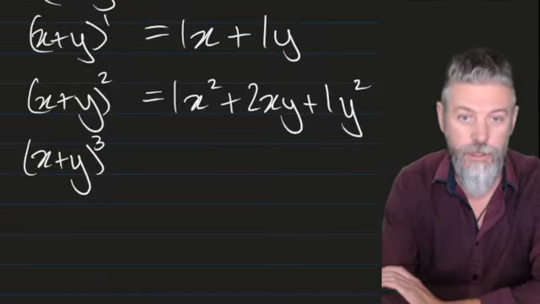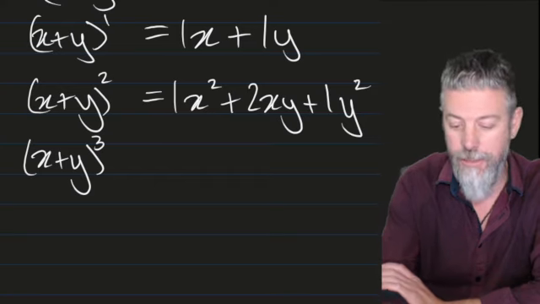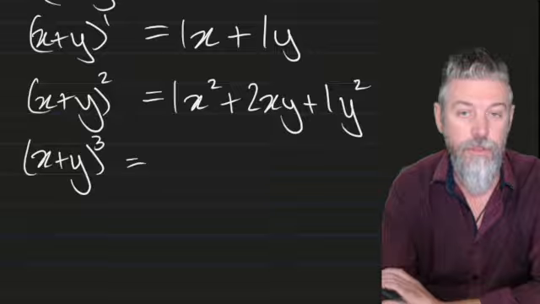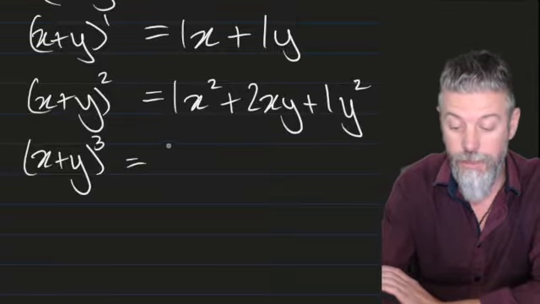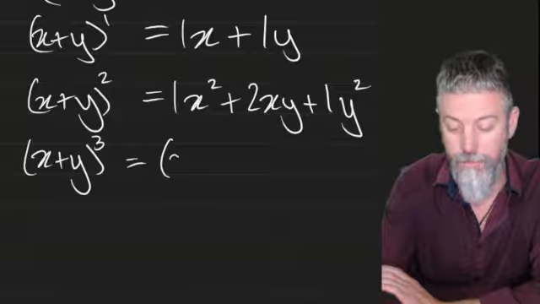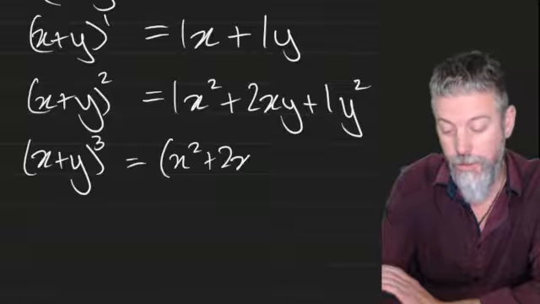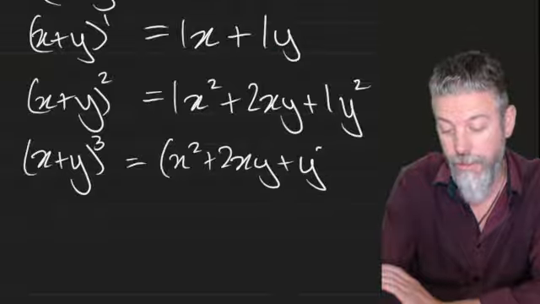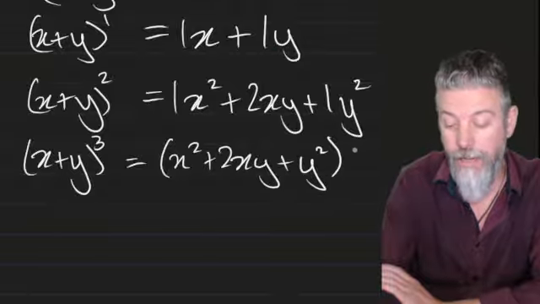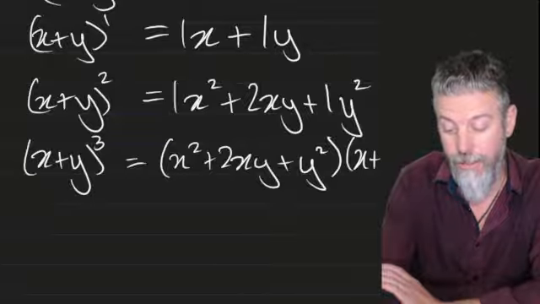Now, I'll do this one in 2 stages because it makes it a little bit easier for us. Let's just do the squared expansion first, which we've got in this line above here. So x squared plus 2xy plus y squared. And then we're going to multiply that again by x plus y.